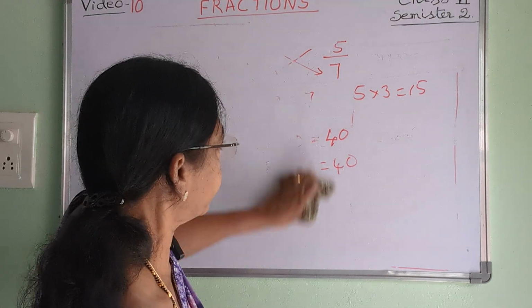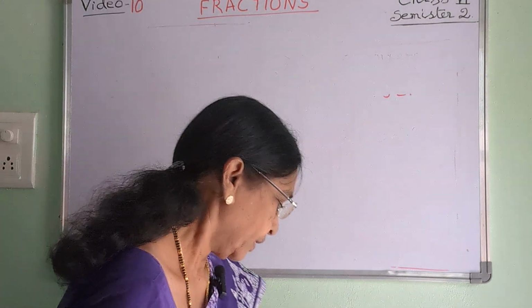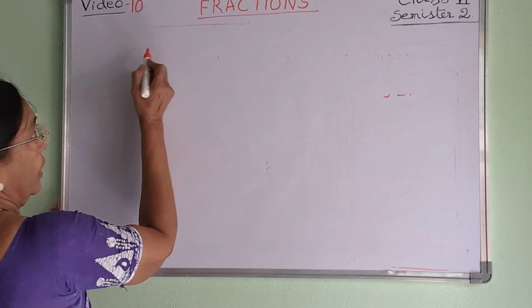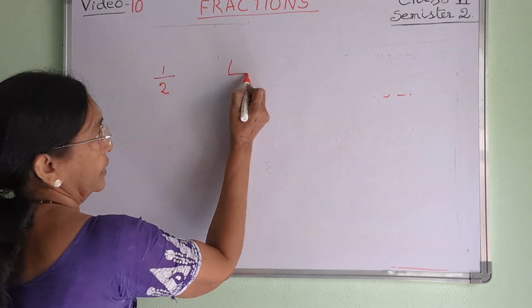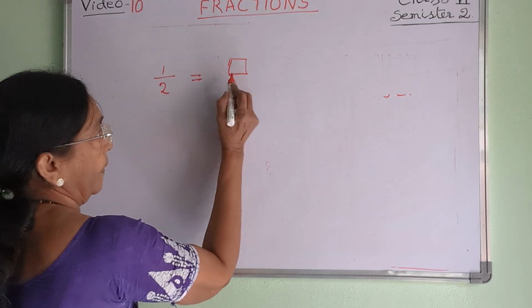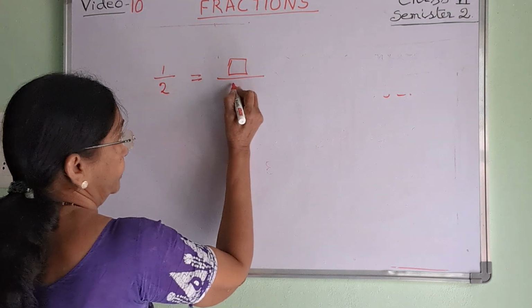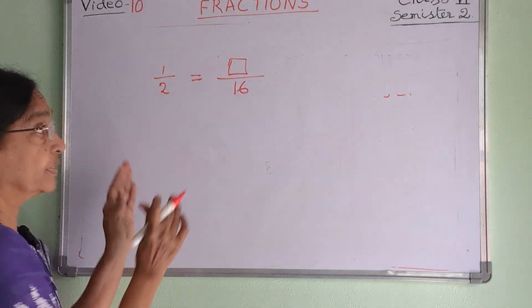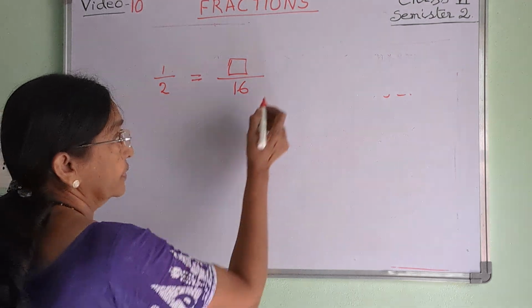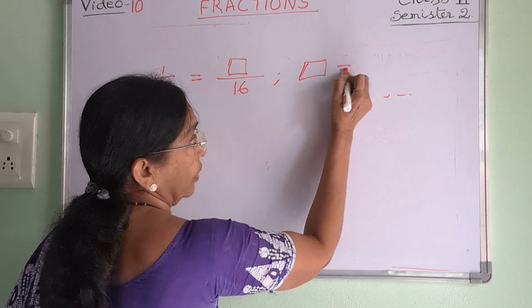Example 1. The following are two equivalent fractions. Then find the missing number in the box.